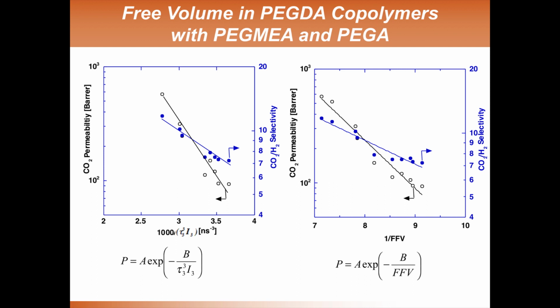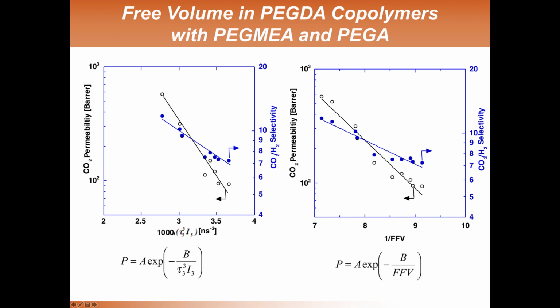The separation properties, we'll come back to this a bit later, but the separation properties, permeability and selectivity, scale very well with free volume. So these are all the different polymers that I've shown you in the last couple slides, and both permeability as well as selectivity scale with free volume in a way that's quite typical.